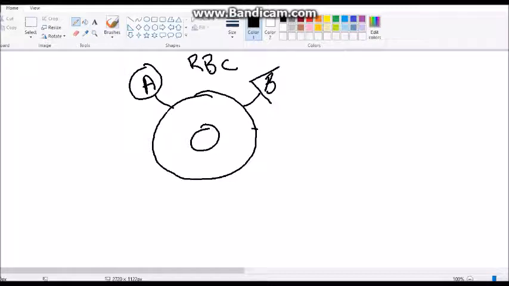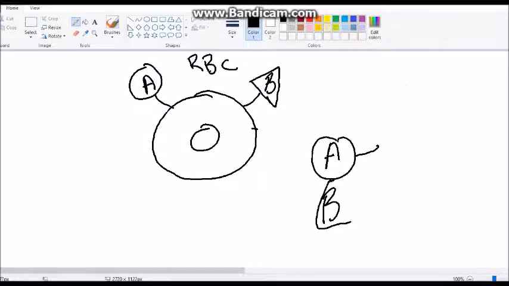Complicated stuff, I know. Now, interestingly enough, there's always only one marker of each, so you're not going to have an A or a B antibody in here. You're actually going to have none. So no actual antibody, no immune response. That's going to come in pretty important later when it comes to blood donations.